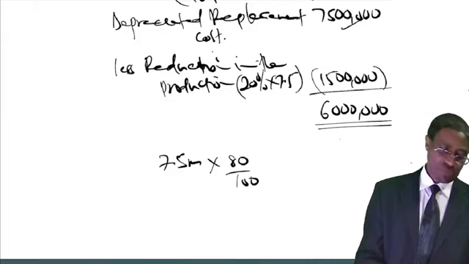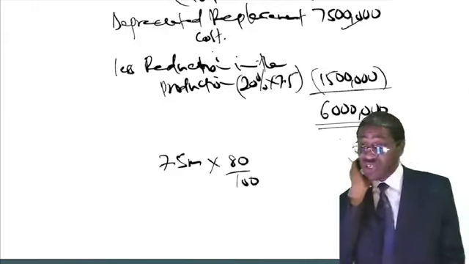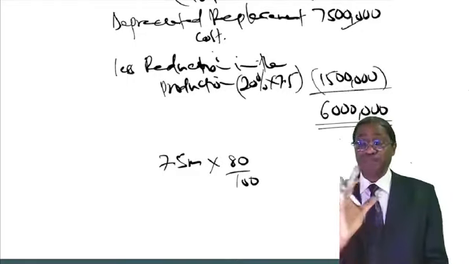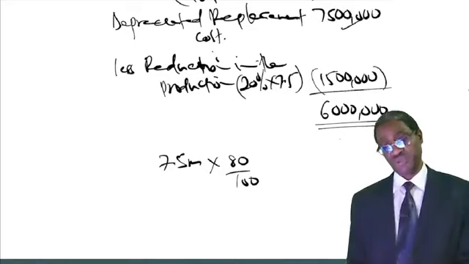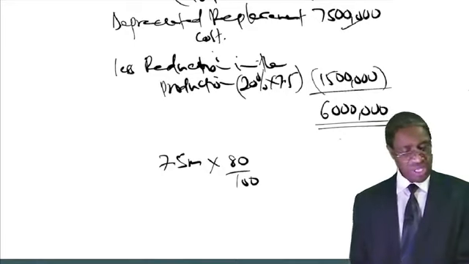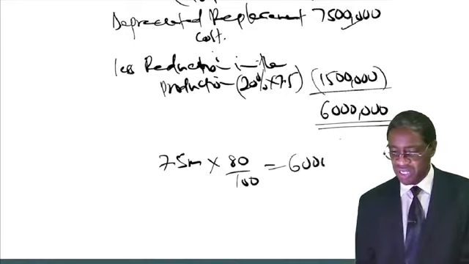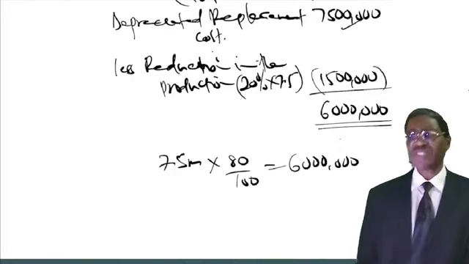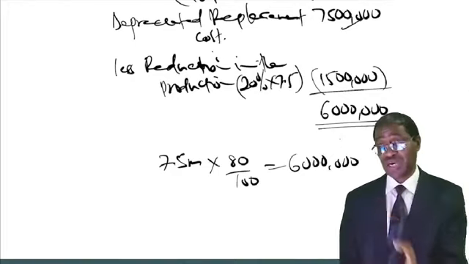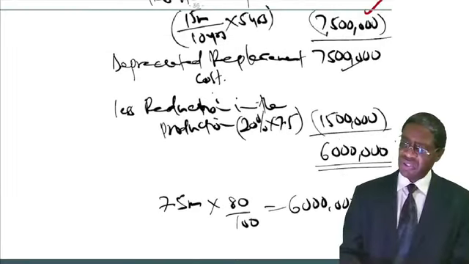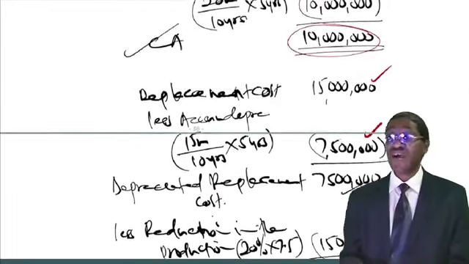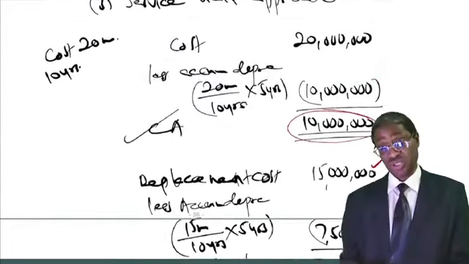Instead of subtracting the reduction in the efficiency, you can take the proportion of the remaining service potential. Yeah? Which again I can see is 6 million. That's how we compute value in use using this third method, which we are calling the service unit approach.